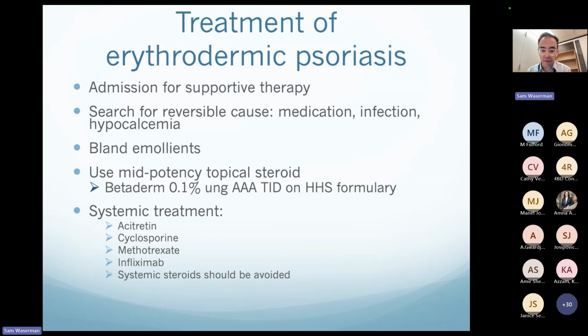But it is important to note that in some instances, it's really the only thing that works. And it's also one of the few things that's indicated should erythrodermic psoriasis or generalized pustular psoriasis occur in pregnancy. So that's just something important to keep in mind.